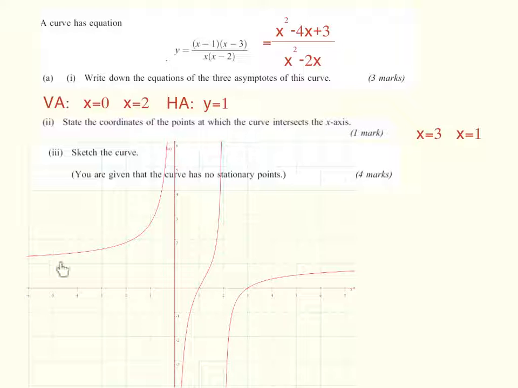Here's the horizontal asymptote at the extremities, so when x tends towards plus or minus infinity, we've got a horizontal asymptote at y equals 0. And here we've got the crossing point when y equals 0, x equals 1. And when y equals 0, x equals 3, which link with these 2 points.